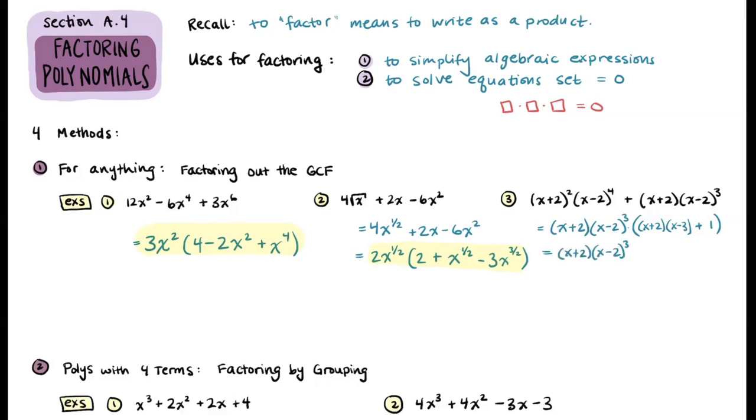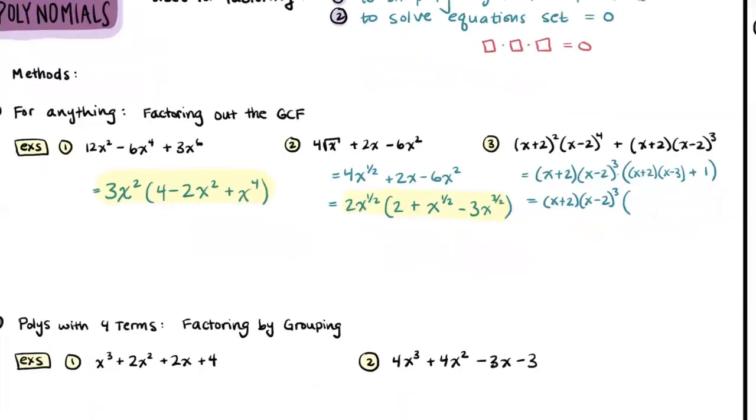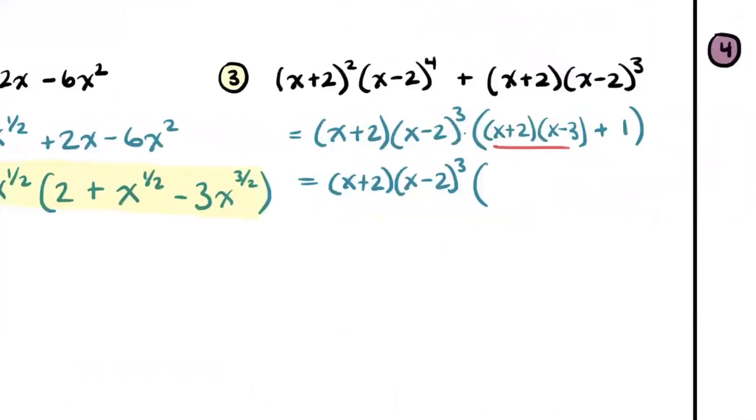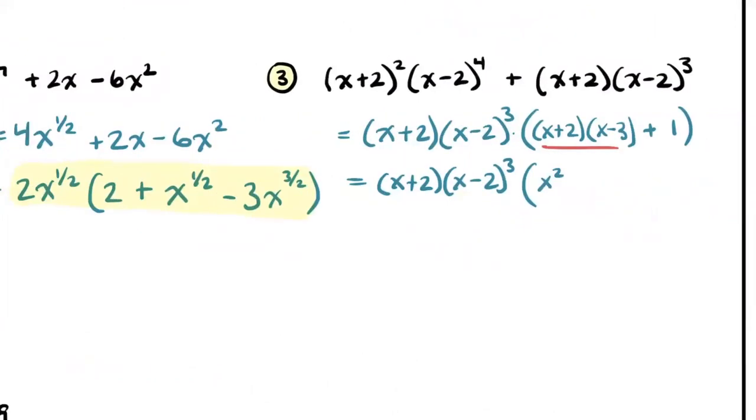I'm just working on multiplying these two binomials. We have x plus 2 and x minus 3. So let's see, first is x squared. Outer is negative 3x and inner is positive 2x, so it'll be minus 1x. Then we have the last, which is 2 times negative 3, and so that's minus 6. Then we have plus 1.